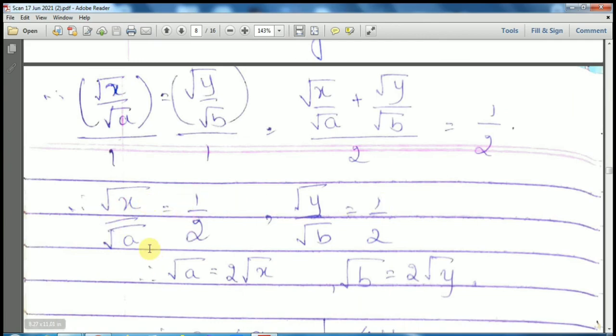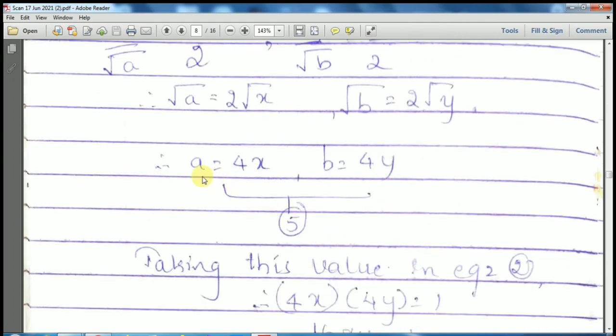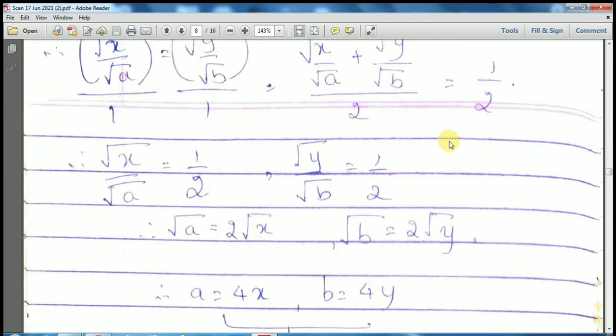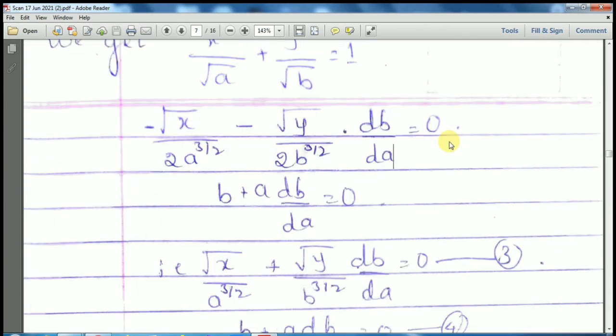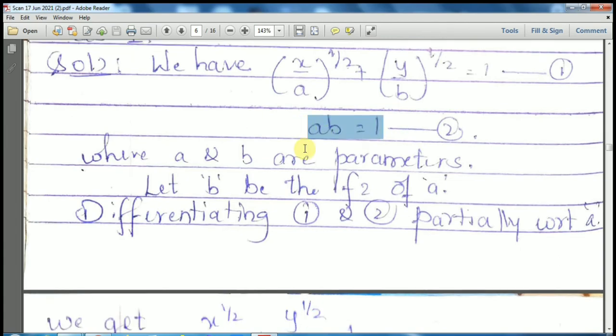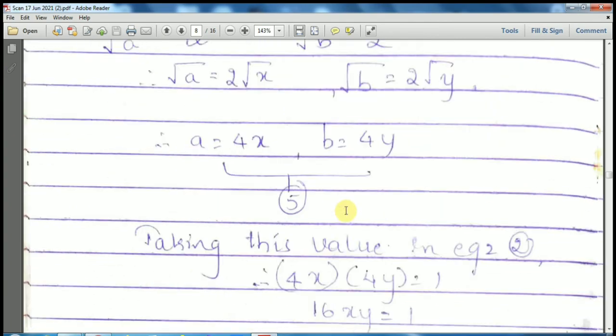Now simplifying, root a equal to 2 root x and root b equal to 2 root y. Squaring both sides, a equal to 4x and b equal to 4y. Taking these values in equation 2, where they are giving that a into b equal to 1. So the value of a and value of b we have found.